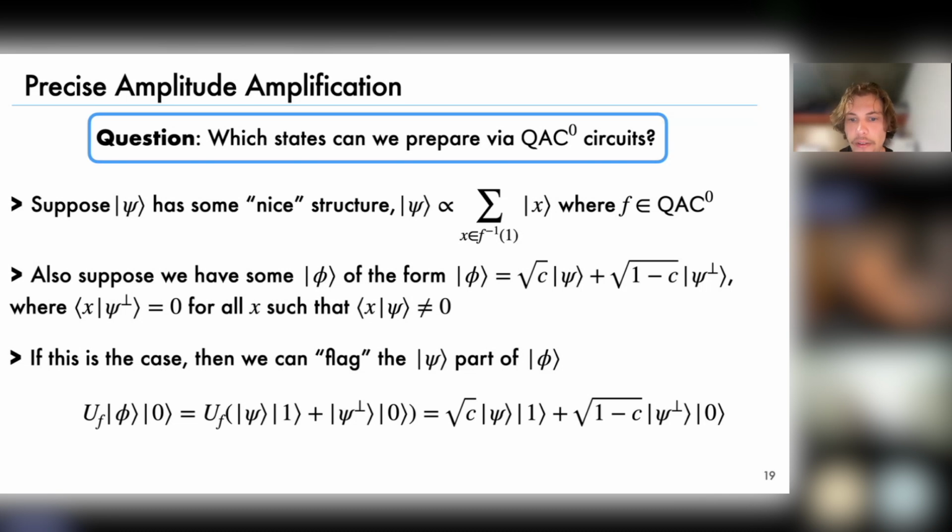And what this does is we get a 1 on the part of the state that corresponded to f, aka psi, and we get a 0 on the rest of the state. And the point is now, maybe you're seeing this, that if we were to measure that last qubit and post-select on it being 1, then the state we'd be left with is exactly psi. And so this is sort of the first step of this precise amplitude amplification protocol. So in the second step, you've already applied UF, right?